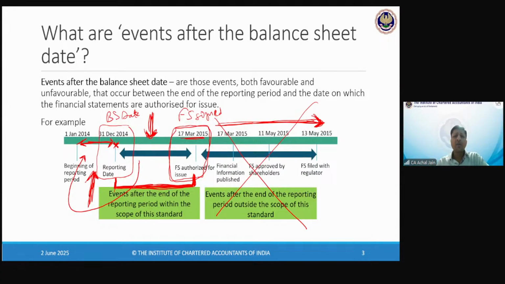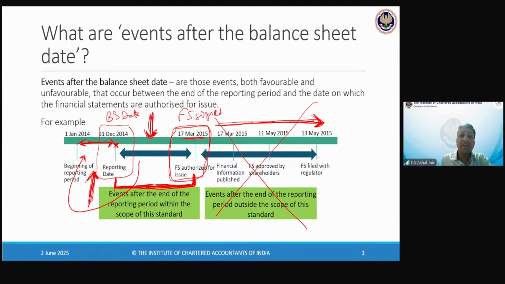Okay, so this was all about the context that we are discussing. So we have not discussed the accounting requirement as such. We are just discussing the context as to what is required to be done. Clear? So there are two periods we have talked about. One, which comes after the financial statements are authorized for issue. So we are saying we don't need to look at that period.